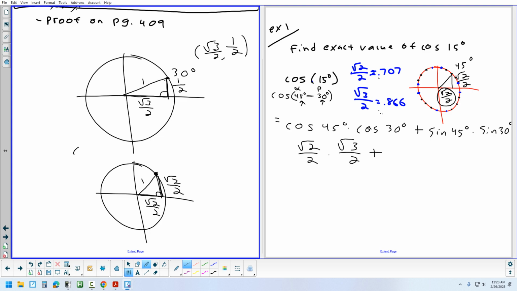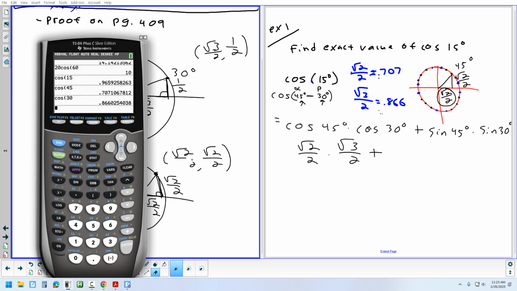What part of the coordinate was that? It was the y. And if you write the coordinate here, what is the y value? It's square root 2 over 2. Yep. Or if you type in sine 45 and you recognize 0.707 as root 2 over 2, that saves us a lot of time.